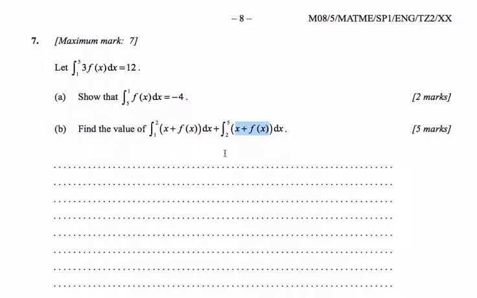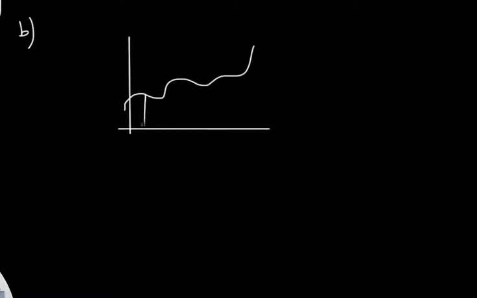So hopefully you can see that if I have the integral of a function that I don't know what it is, and I take it from 1 to 2, and then all the way to 5, from 2 to 5, that area is going to be the same as if I just take it from 1 to 5 directly. In other words, I can combine both the integrals that I've just been given into one same integral, and that's going to allow me to solve the question a lot better than if I keep them separate.